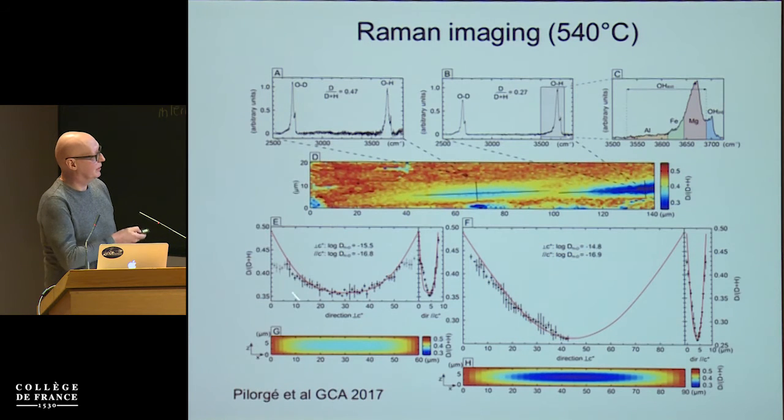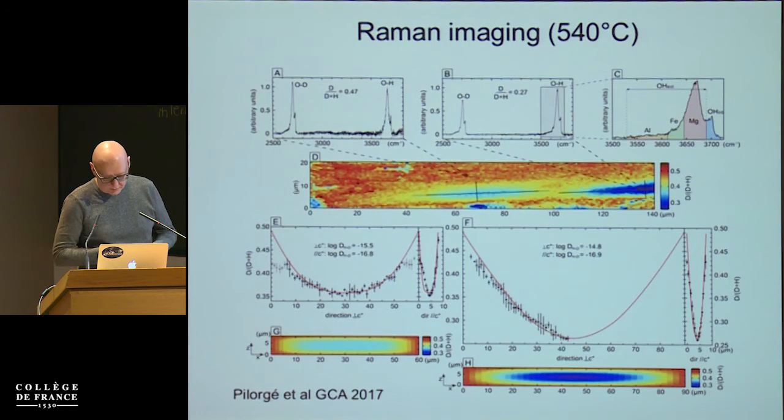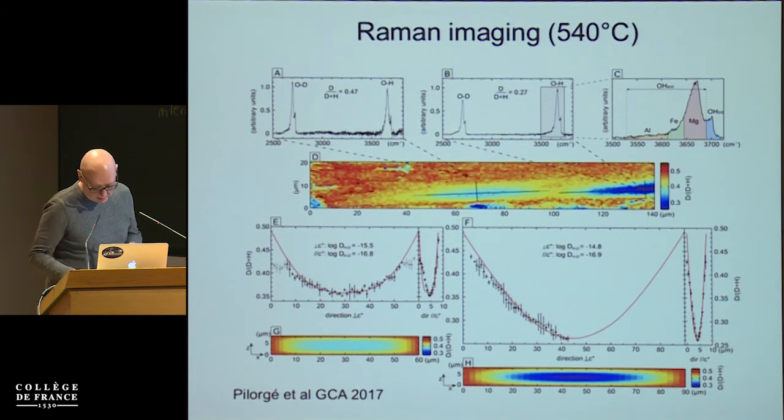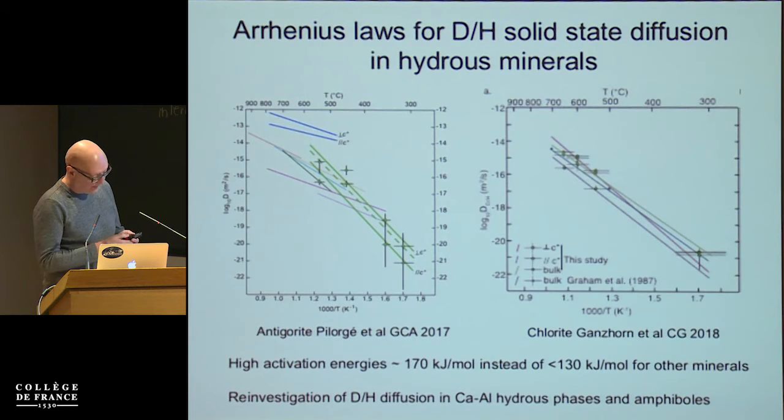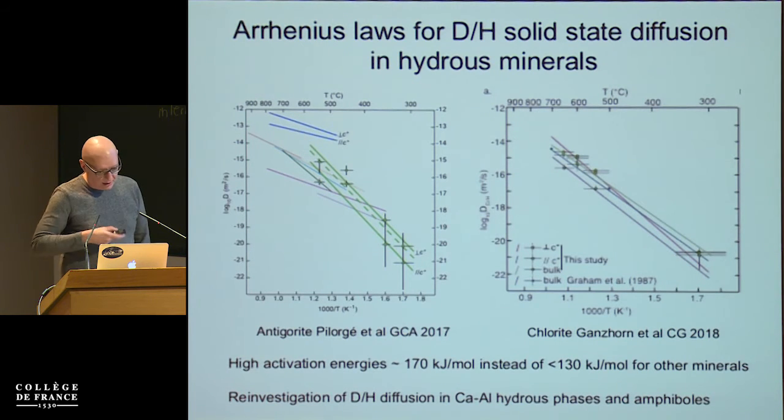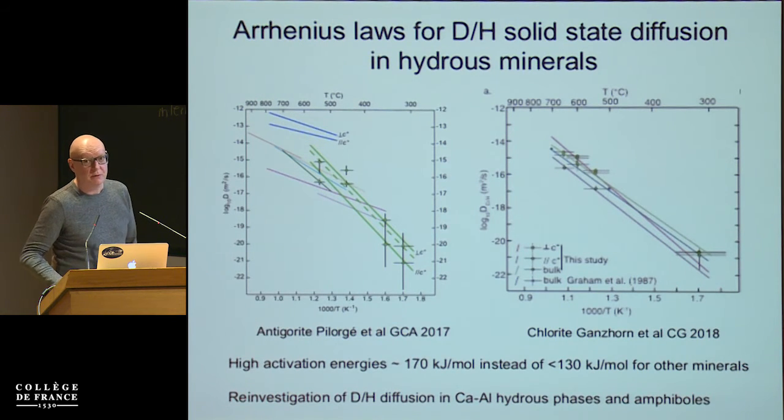So we can model these solid-state diffusion patterns and extract solid-state diffusion coefficients in these minerals. This is what we did for several minerals. I show here what we did for antigorite and chlorite, and we've now measured amphiboles and other minerals from high-pressure rocks.